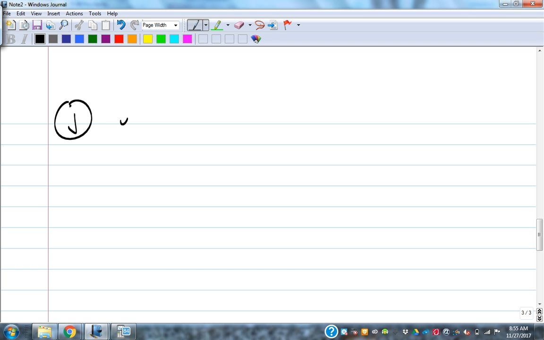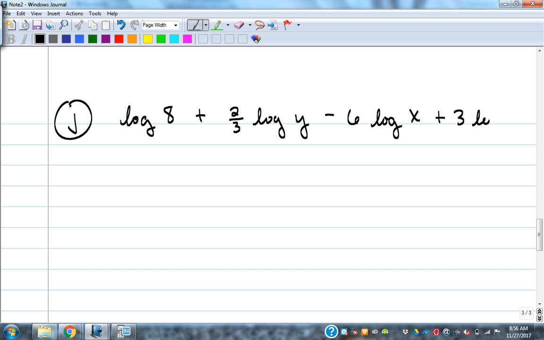This one, log base 8, or log of 8, not log base 8, log of 8, and then 2/3 log of y minus 6 log of x plus 3 log z.